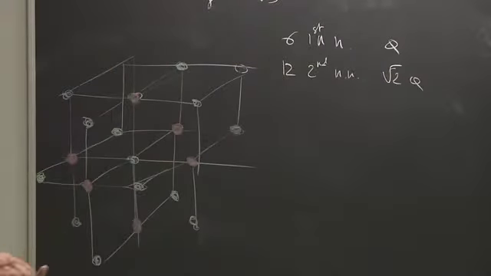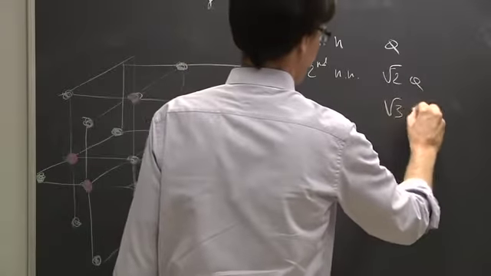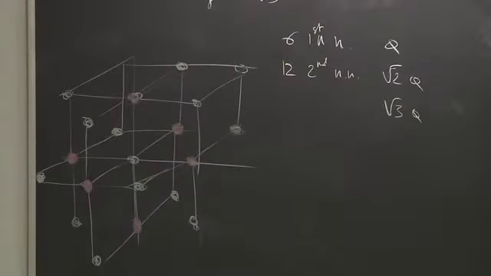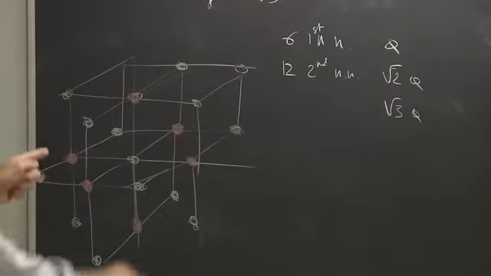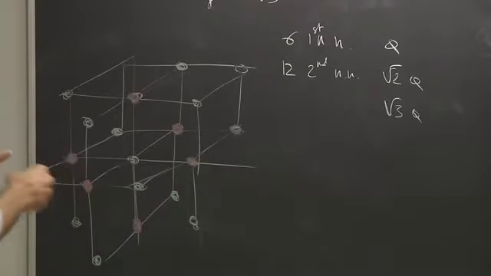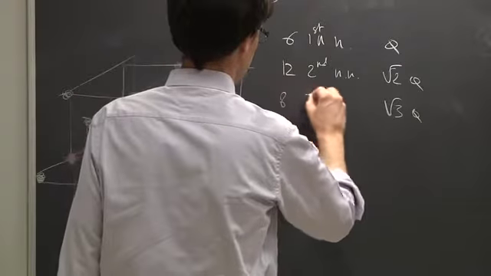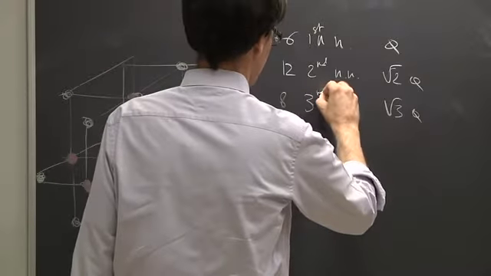And then the next shell is the one at square root 3. How many? 8, right? I need to look for the corners of the cube. These are the corners of the big cube, of the cube of side 2A. So I have 8 of them. Third.